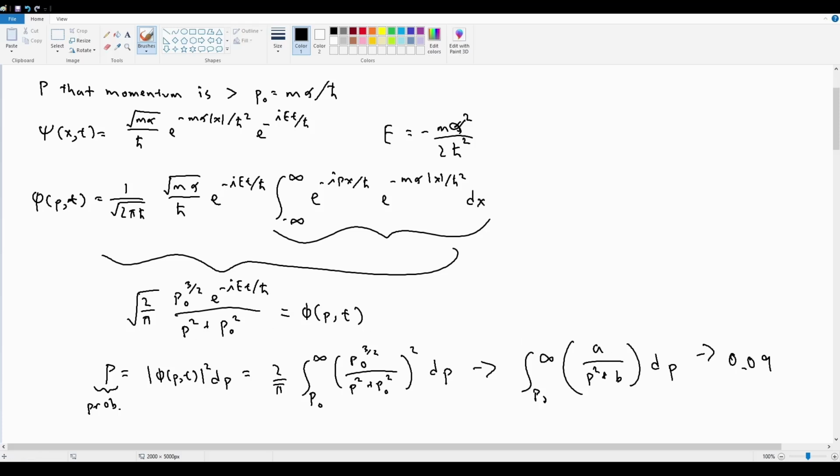So what we've done here is made it significantly easier to find probability, but we had to make a trade-off in that we have to do a significantly harder integral to convert our position space wave function into a momentum space wave function.